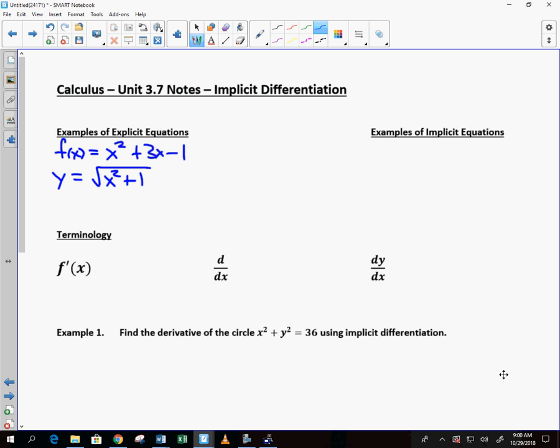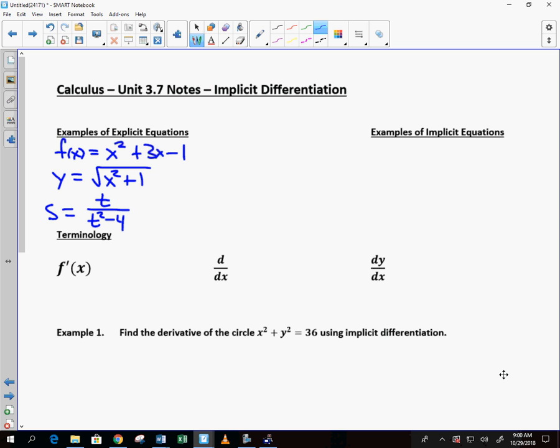Super exciting. s equals t over t squared minus 4. Oh, Mr. Gentz, you're blowing my mind. The reason why I call it explicit is it's solved explicitly for one variable. Here it's solved for f. Here it's solved for y. Here it's solved for s.